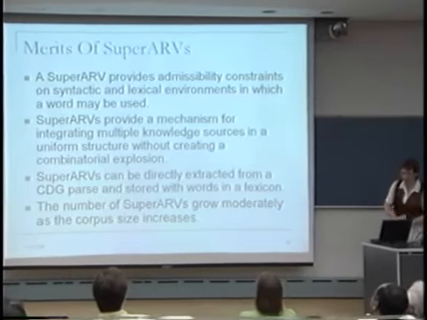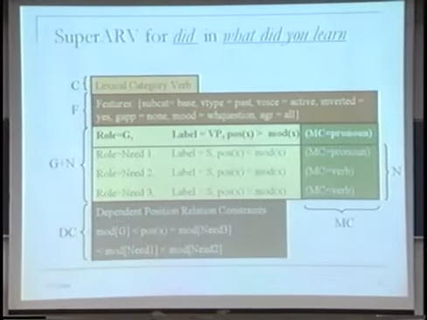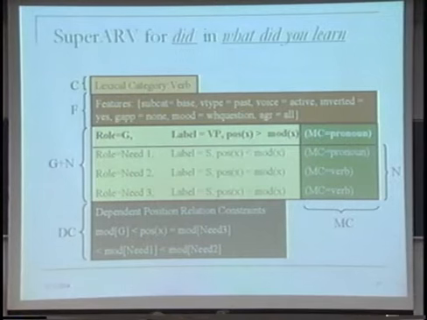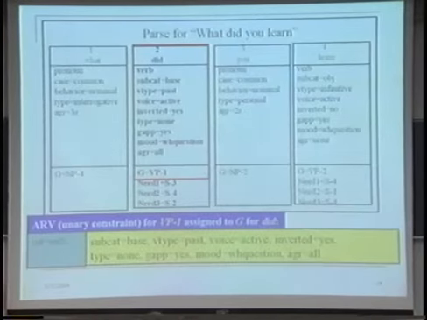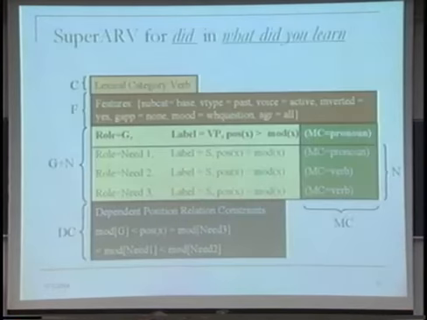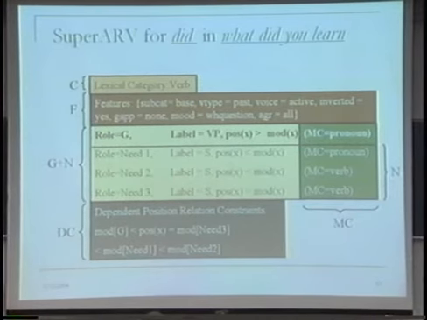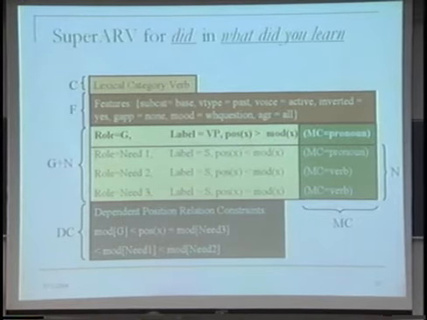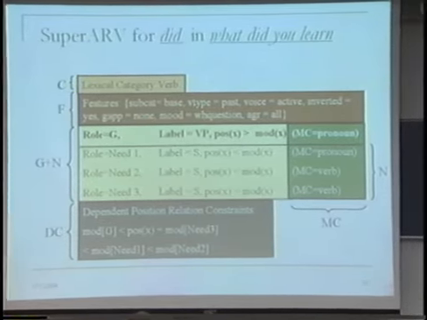So the merits of the super ARVs. What's nice about this actually is that it's a vector, right? We've actually taken this information of the whole word did, and we've created this nice vector, and those are enumerable and countable, and they can be associated with words in a lexicon, right? So did can keep track of a set of super ARVs that have been learned essentially from a marked up tree bank, right?